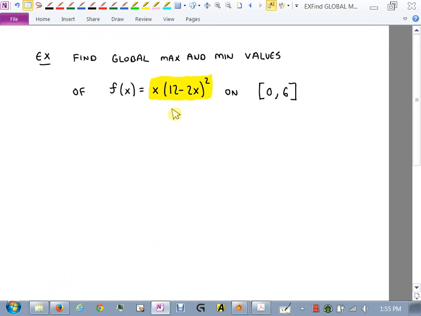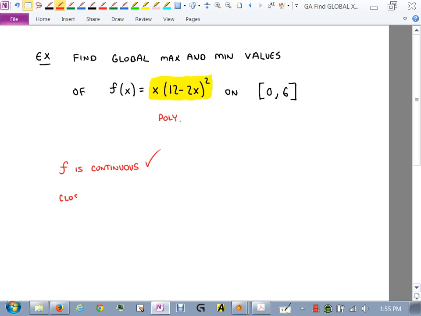So I have a polynomial. This is a poly. So f is continuous. In fact, it's continuous everywhere. I only need it to be continuous on [0, 6].